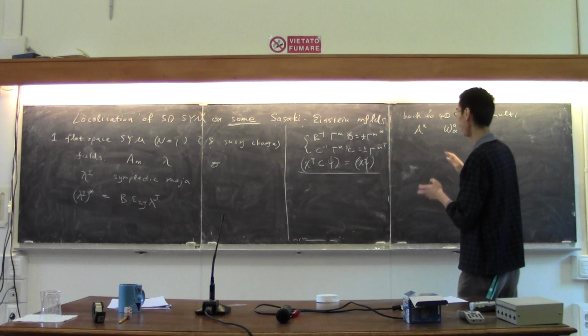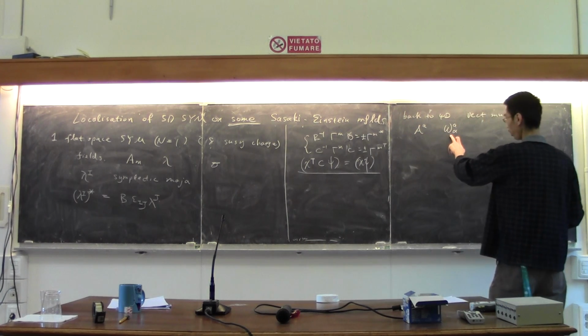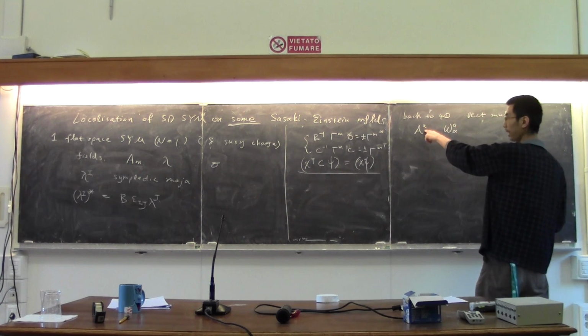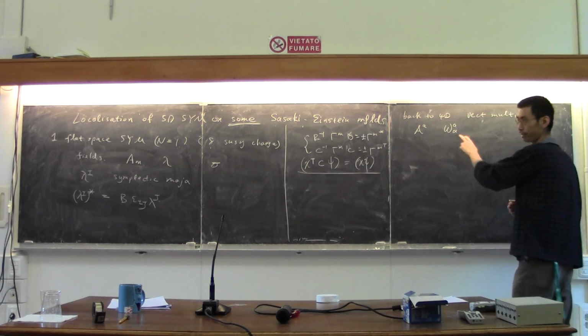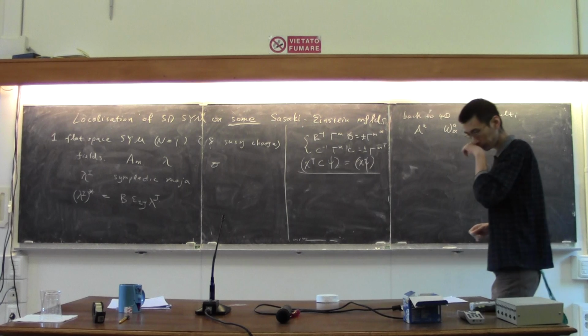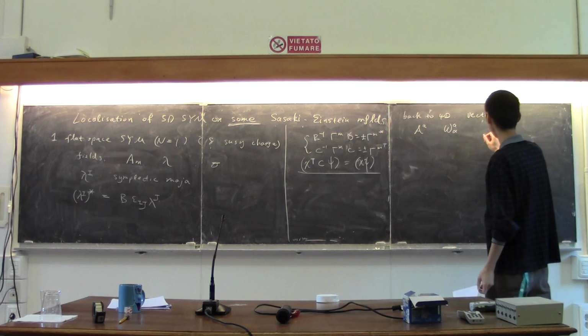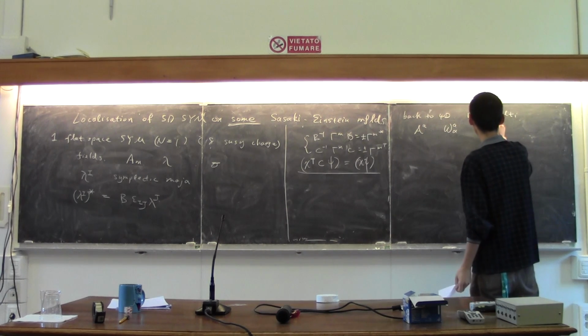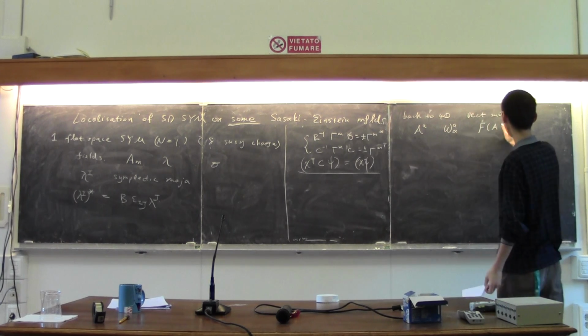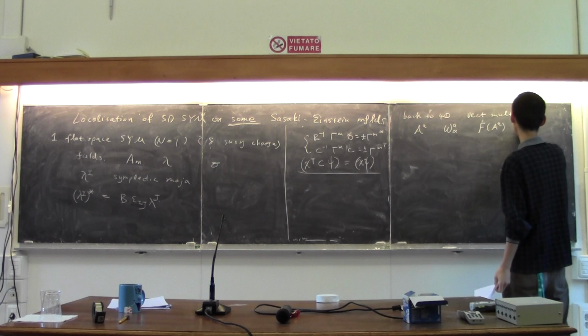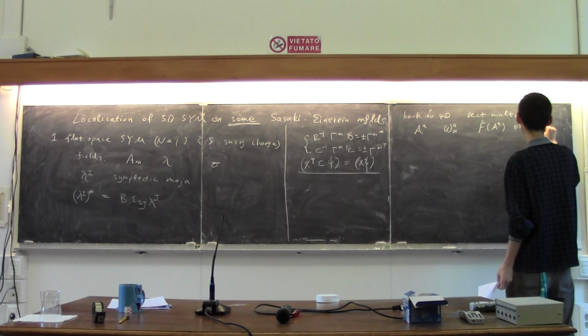This is a chiral superfield, and this is also chiral, where a is the adjoint index and alpha is the spinor index. And then I'll also need an F, which is a holomorphic function of A. This is the prepotential.